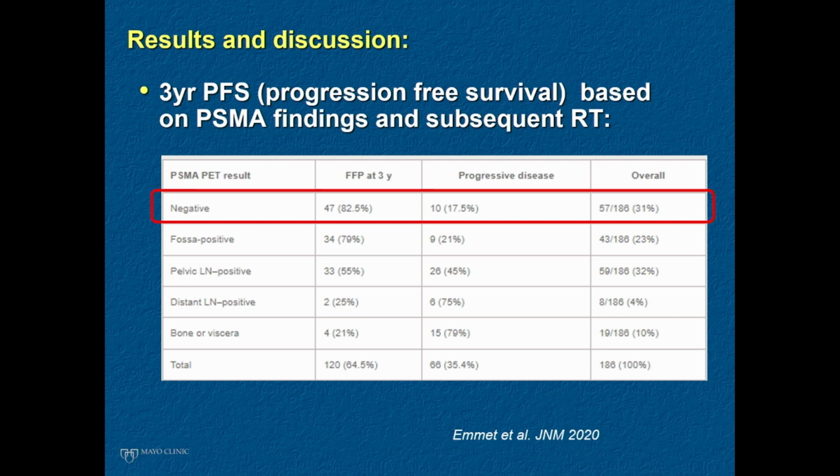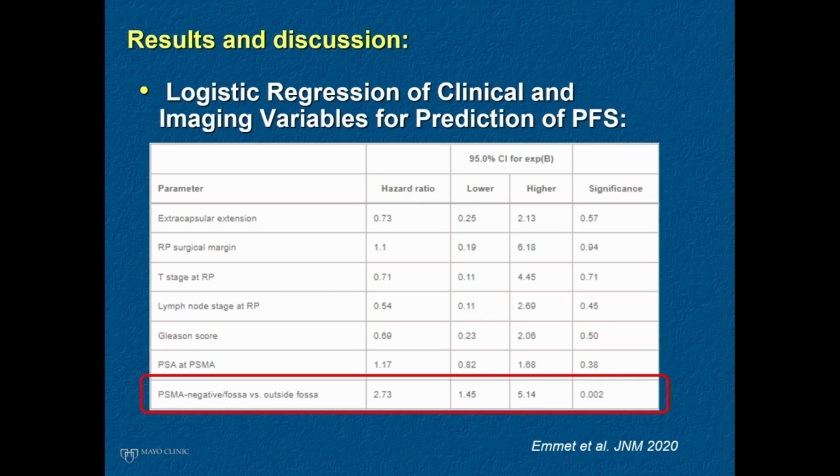And you can see here, this is actually a progression-free survival out to 3 years if they had a negative PET. Again, probably hitting the target most of the time, but not always. And here is a hazard ratio if they had obviously a PSMA negative or fossa scan versus outside the fossa.